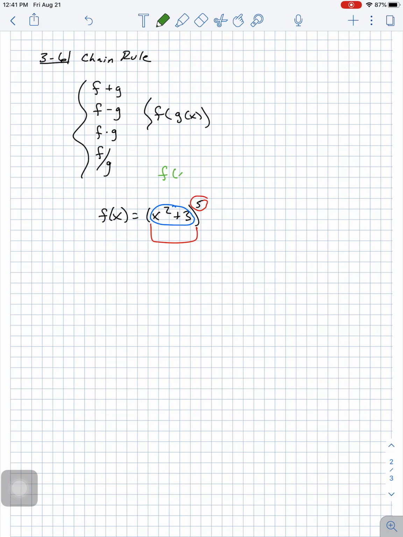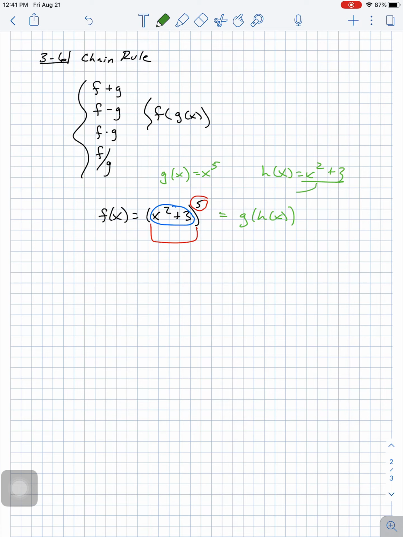Say this was originally f of x equals, well, let's not use f because we just used f. Like g of x equals x to the fifth, and h of x equals x squared plus 3. And so then you see that actually this function is g of h of x.